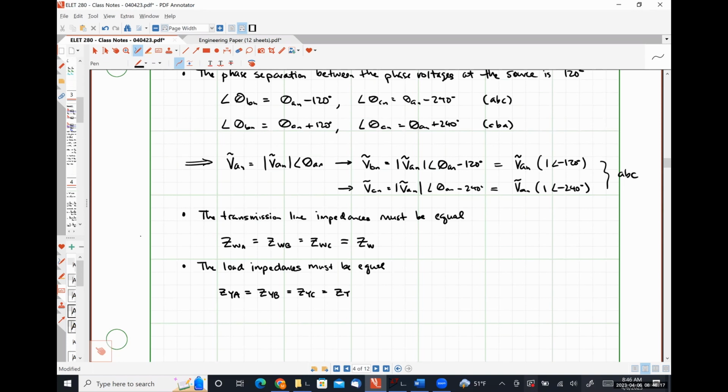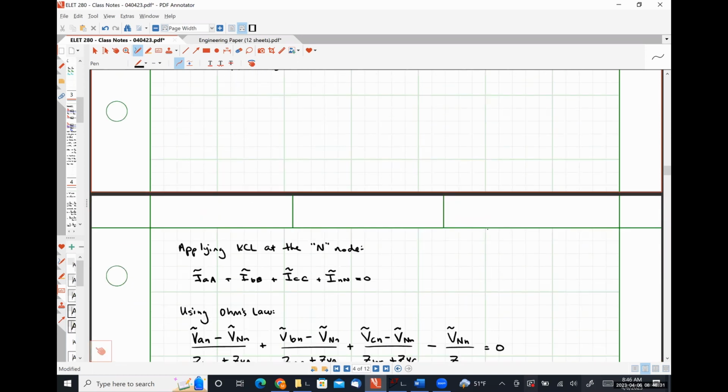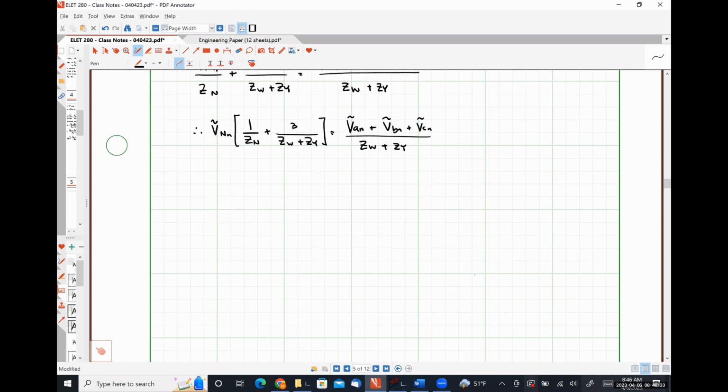For a balanced 3-phase system, VBN is simply VAN multiplied by a factor of 1 angle negative 120 degrees. And VCN is simply VAN multiplied by a factor of 1 angle negative 240 degrees. So I'm going to put that relationship in right here.